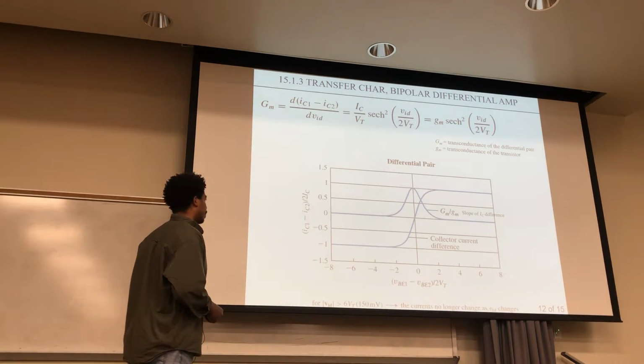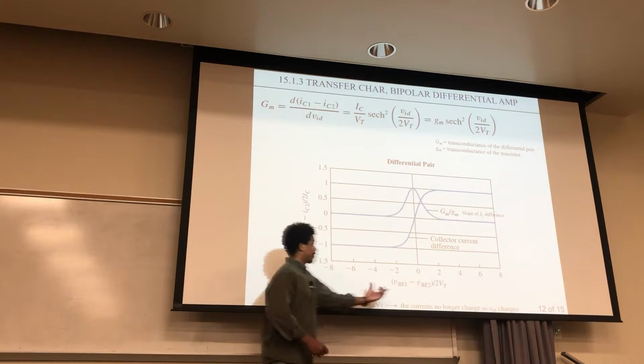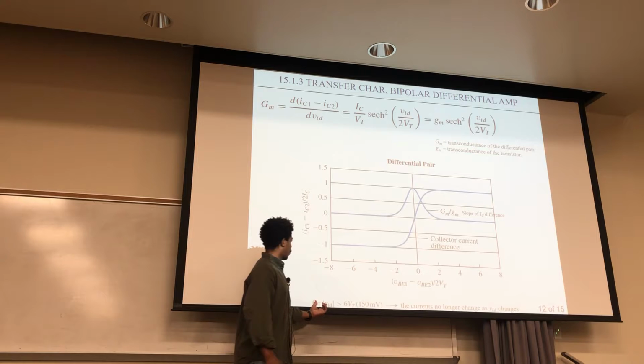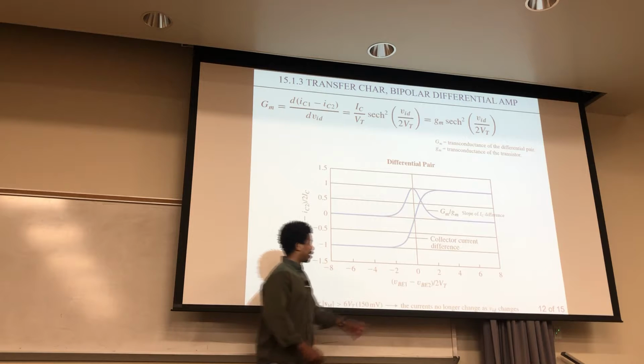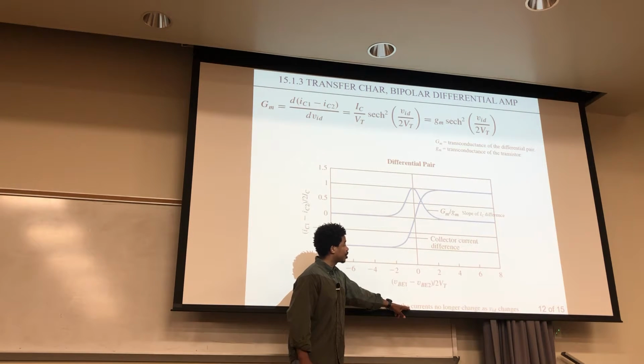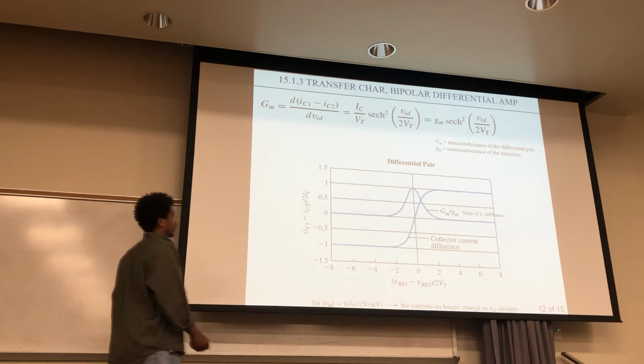And it says here, remember this right here is a VID, for this VID, the magnitude of that being greater than 6 times VT, or 150 millivolts, the currents no longer change as VID changes, which is kind of interesting.